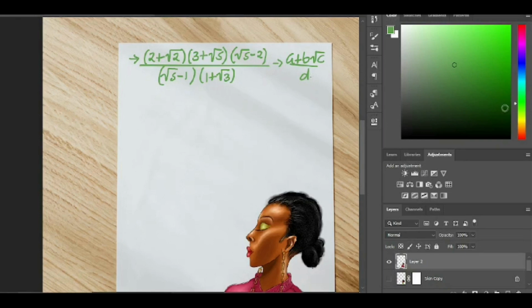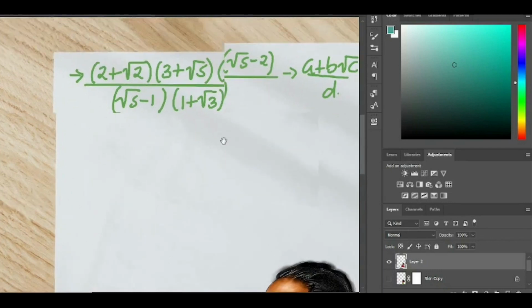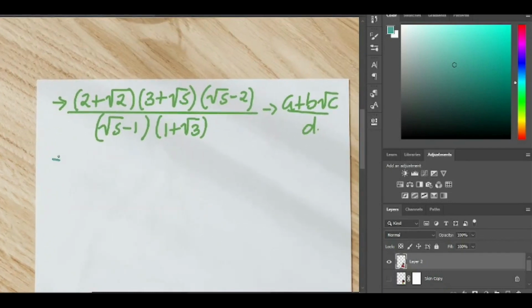So in this particular case, the prudent thing to do will be to work out the numerator and the denominator separately. So let me zoom in. Now for the numerator, we'll multiply the first expression by the second expression first, by taking 2 plus root 2 and multiplying by 3 plus root 5.